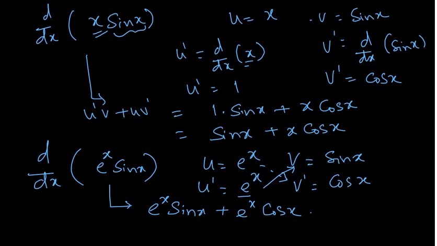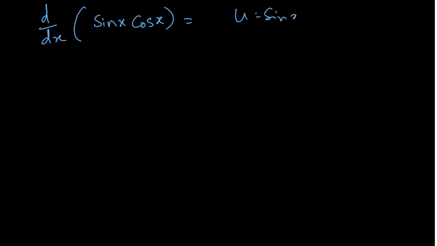Okay. Now a question for you: d by dx of sin x into cos x. Good, u is equal to sin x, v is equal to cos x. u dash is, yeah, v dash is, very good, minus sin x.